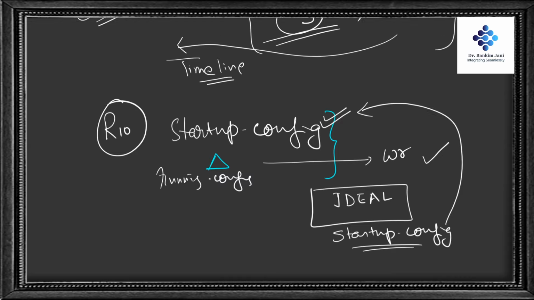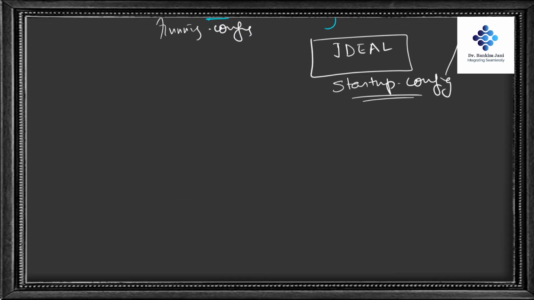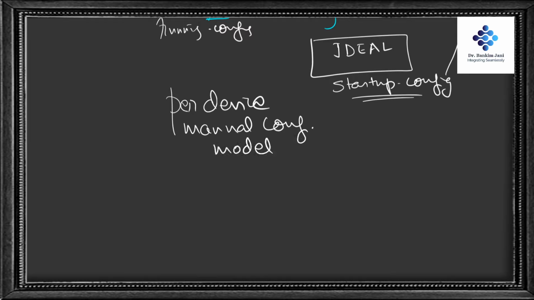Now for all such experiments, or I would say for all such management, once again you have to do something that is like a per device manual configuration model, right? Yes, you are keeping all those ideal files with you, but once again, what if the number of devices is in the thousands?